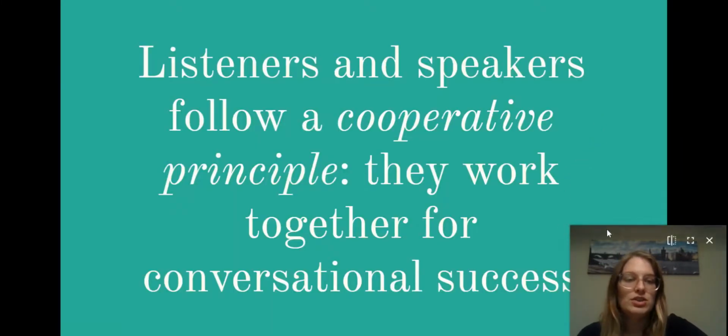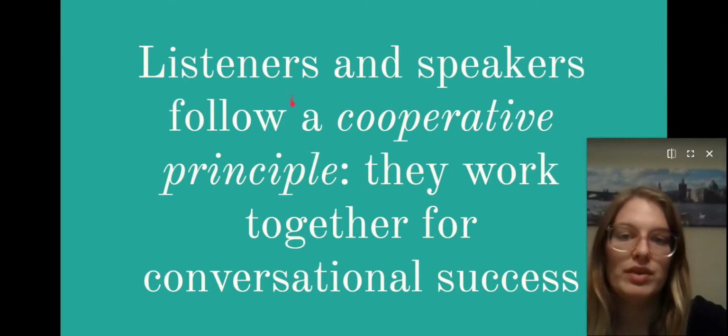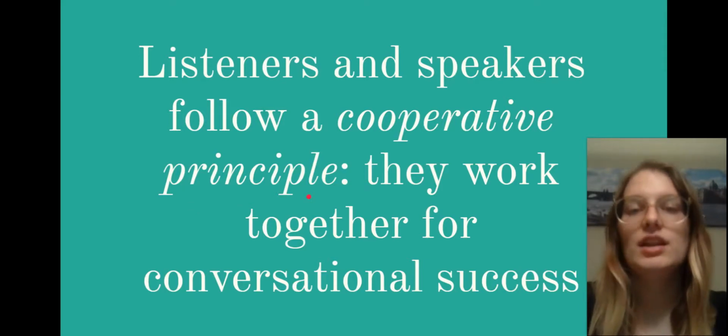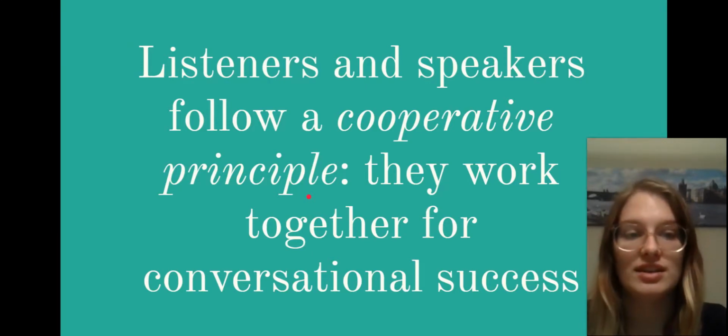So, in order to attain communicative success, Grice came up with a cooperative principle, and that's that listeners and speakers work together for conversational success. They're trying to cooperate. They want to succeed in communicating.